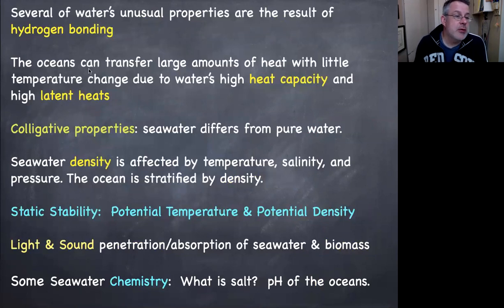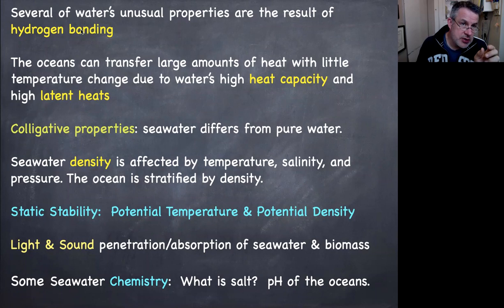The physical chemistry of water is largely a result of hydrogen bonding. This is the water molecule, the two hydrogens are pinched off on one side and the oxygen is left on the other. So it's extremely polar.